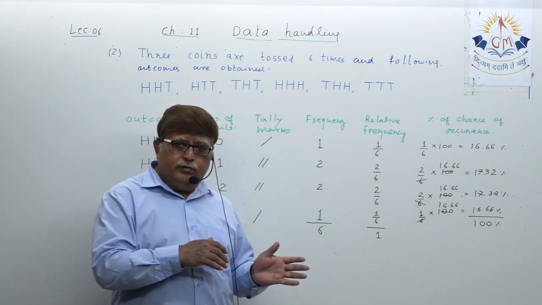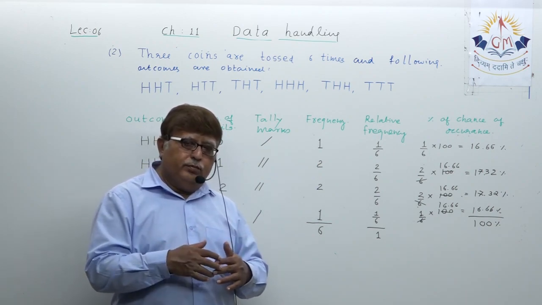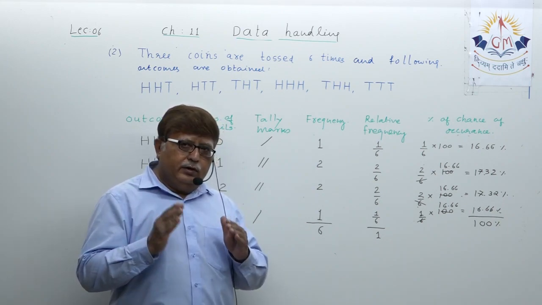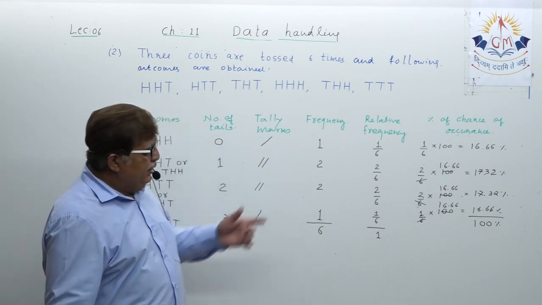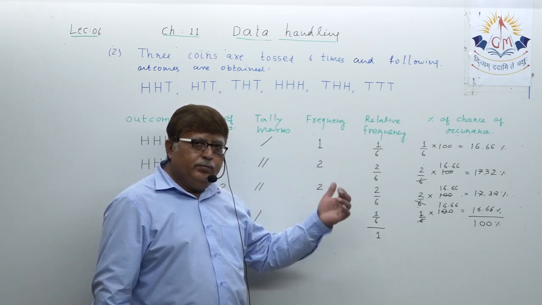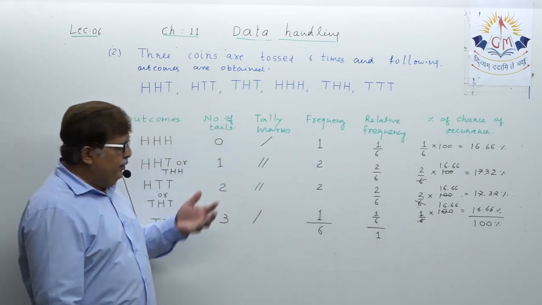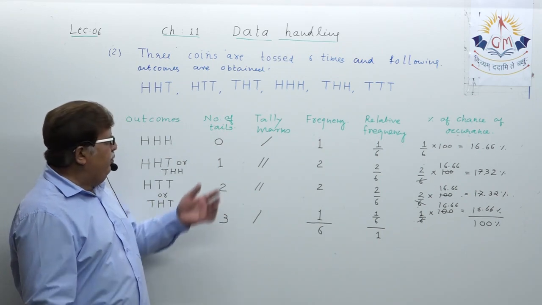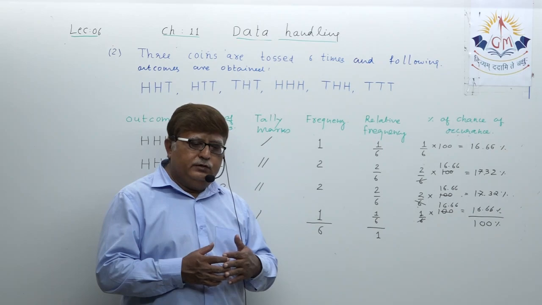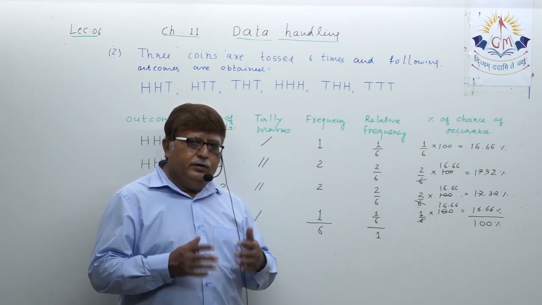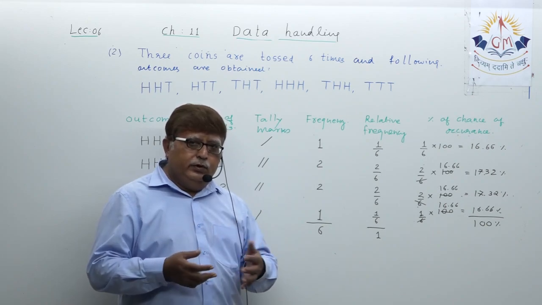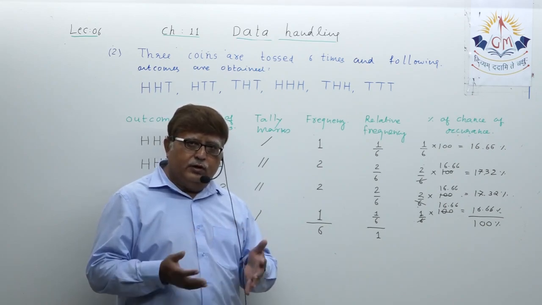But not to uplift you to the concept of higher standards 9, 10, 11, 12, they have confined themselves to utilizing the word relative frequency rather than probability. Mostly they have utilized the words possible outcome, percentage of chance of occurrence.